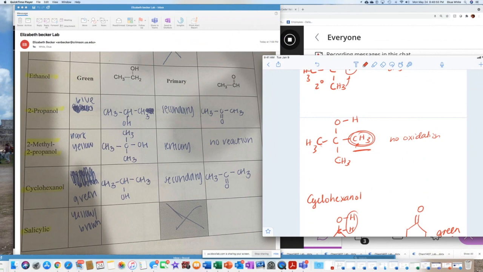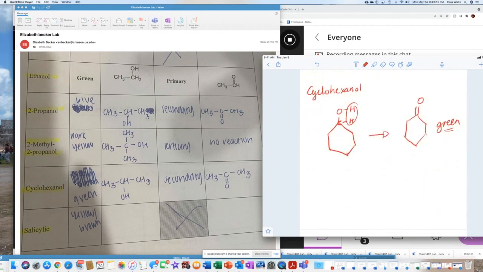Now salicylic acid, I don't have that formula here. Give me just a moment. Let me get the formula. They threw in a salicylic acid? Okay. Salicylic acid. This is aspirin.